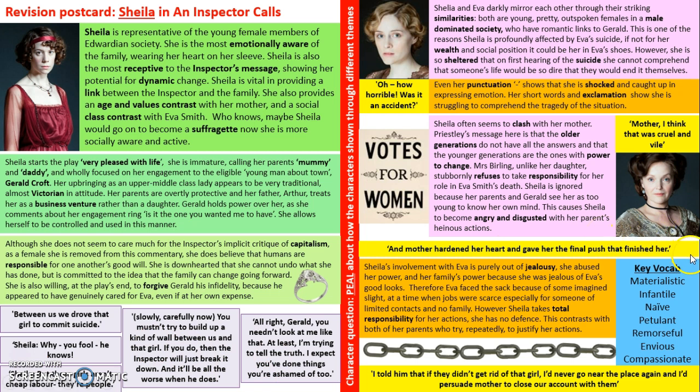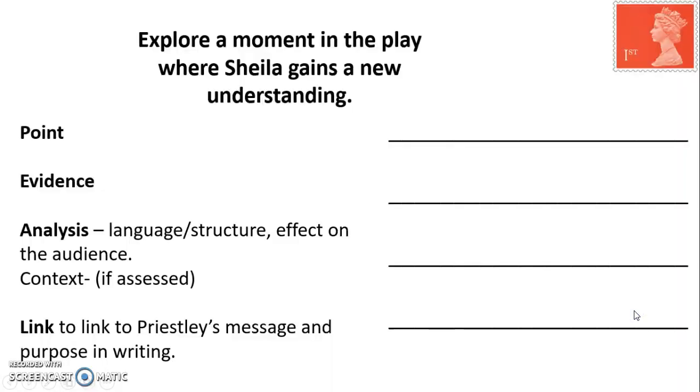Using this information, you can write a character question PEEL paragraph: point, evidence, analysis, and link back to the question about how the characters are shown through different themes. So here's the question: explore a moment in the play where Sheila gains a new understanding.